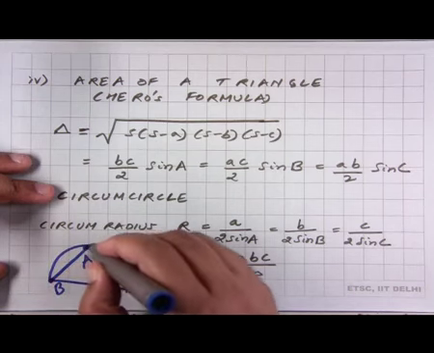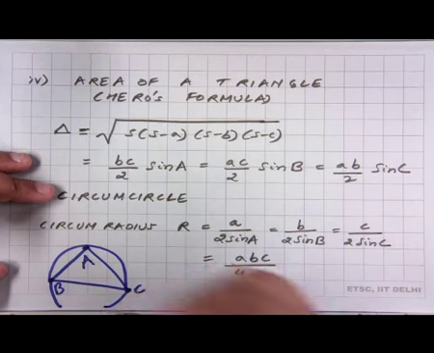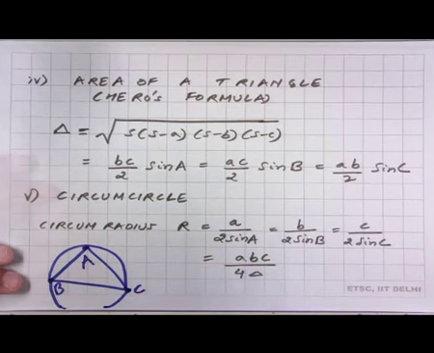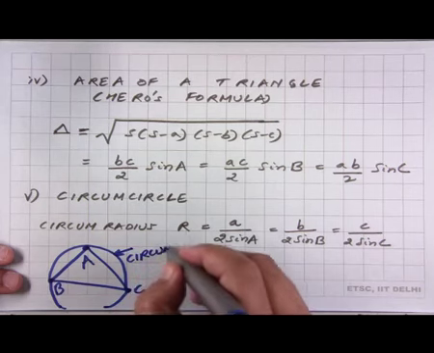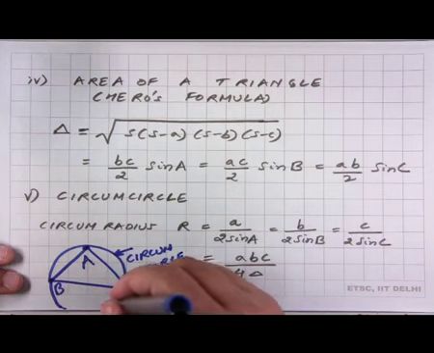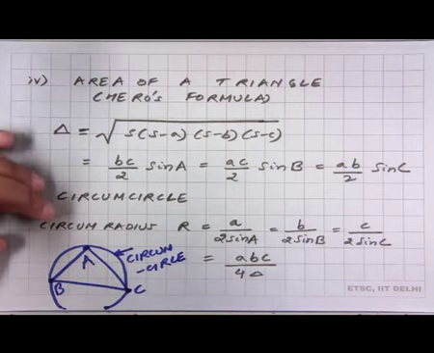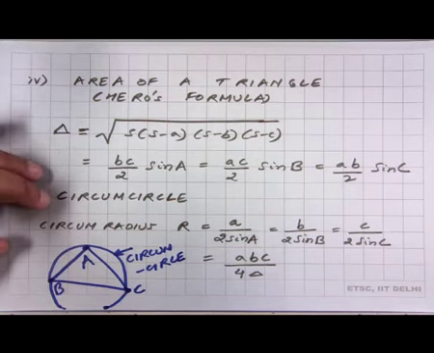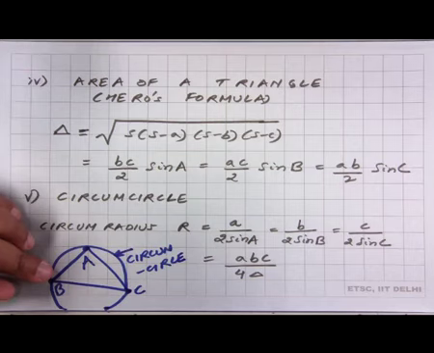It will be something like this. So, this will be the circumcircle. The radius of the circumcircle is called the circumradius. The center of the circumcircle is called the circumcenter.